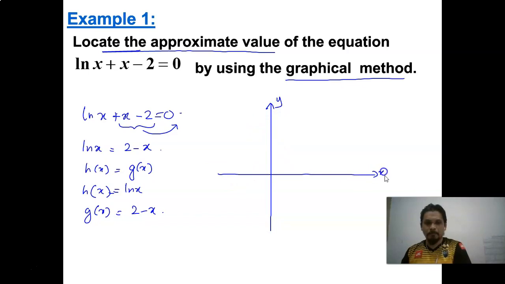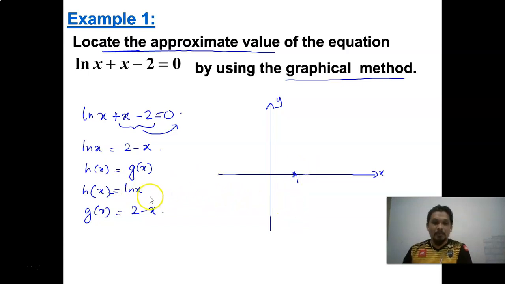Let's sketch the graph of natural log of x first. When x equal to 1, natural log of 1 equal to 0, meaning y equal to 0 here.